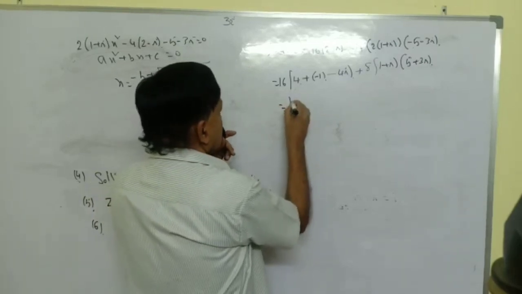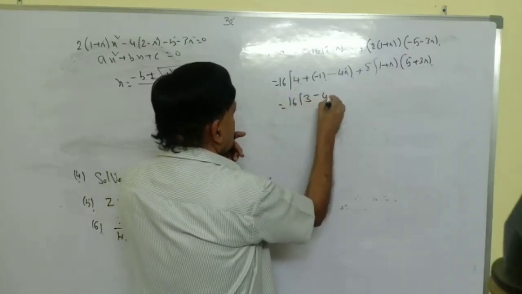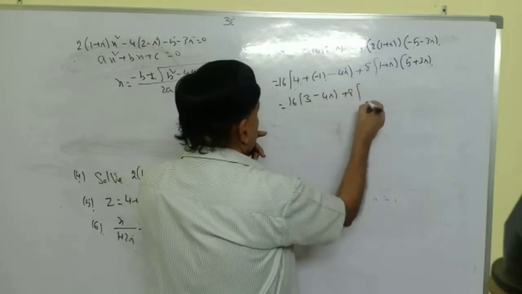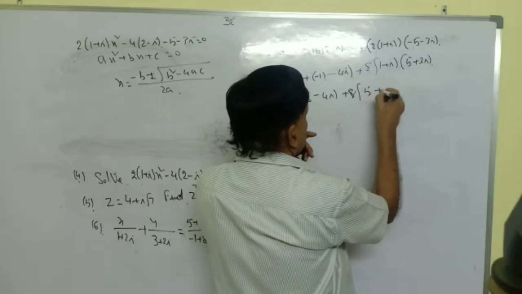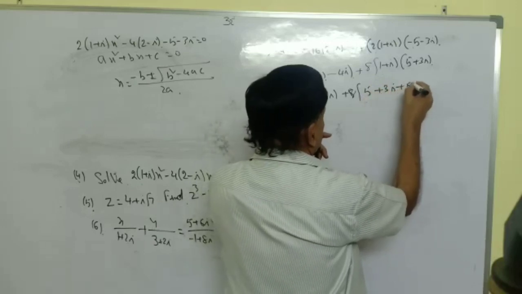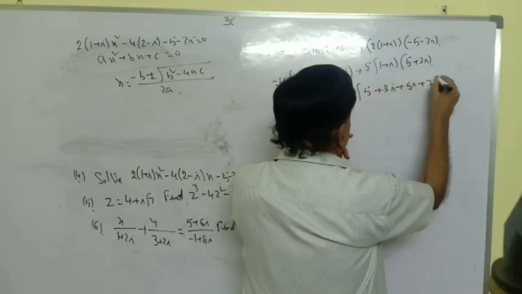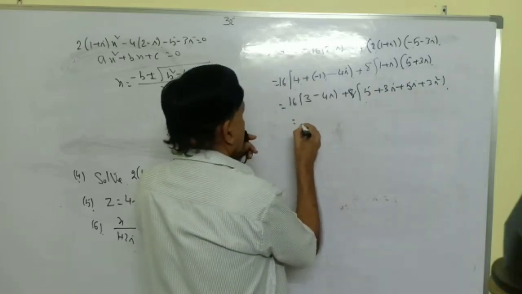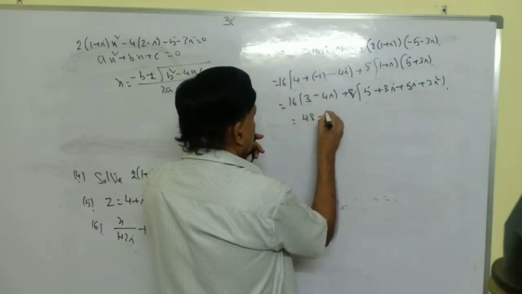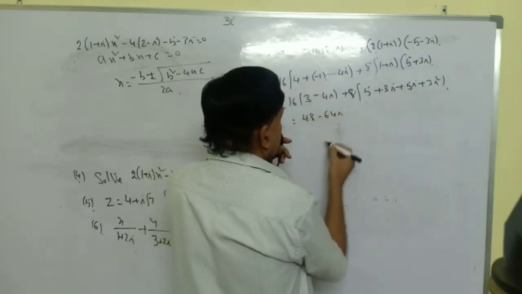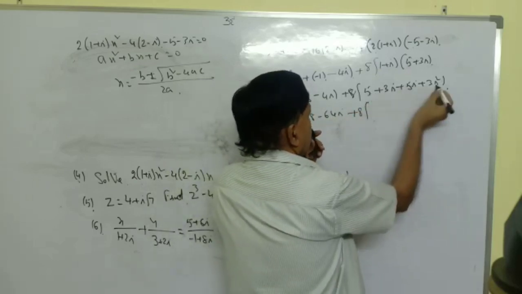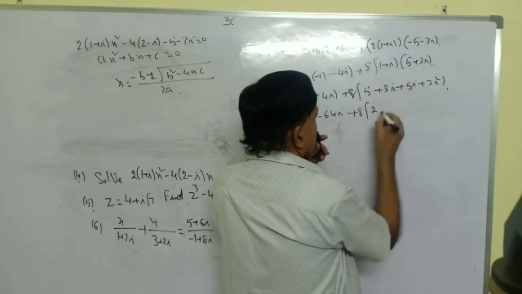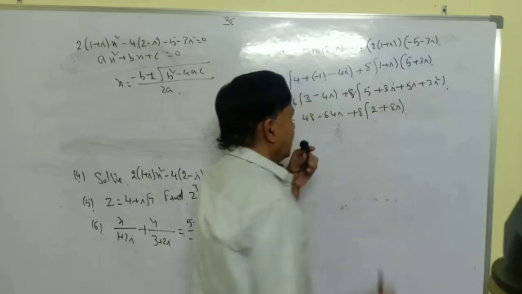This is 16 into 3 minus 4i, 8 into, if you multiply 5 plus 3i plus 5i plus 3i square. 48 minus 64i plus 8 into 5 minus 3, 2 plus 8i.